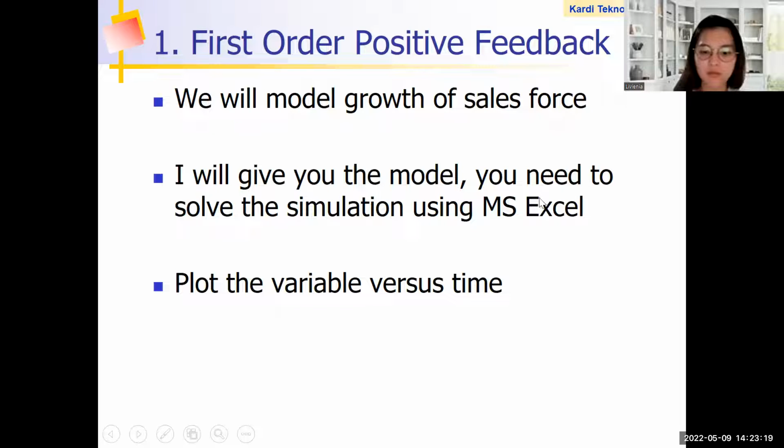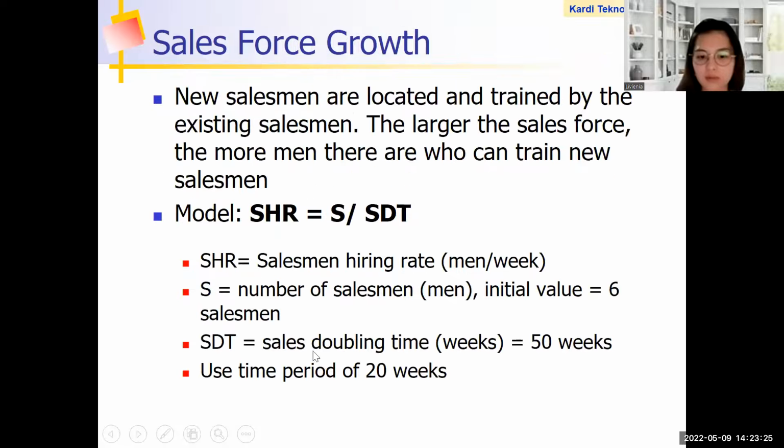You will calculate using Excel, my favorite, and then you will plot. So here it is. New salesmen are recruited and trained by the existing salesmen. The larger the sales force, the more men there are who can train new salesmen.